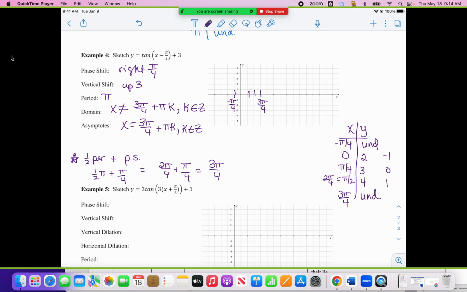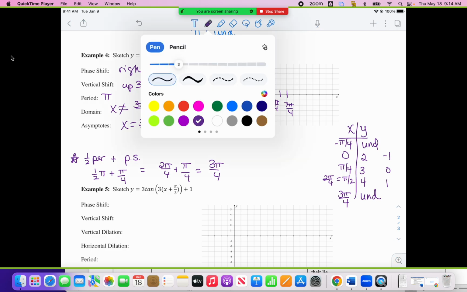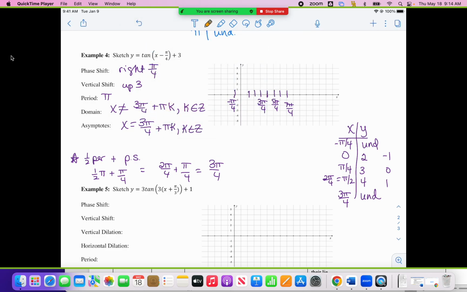So let's do a little more counting to the right. So this one is pi. This is 5 pi over 4, 6 pi over 4, 7 pi over 4. I think that might be enough. So we have vertical asymptotes at negative pi over 4 and 3 pi over 4, and then I'm going to count 1, 2, 3, 4.